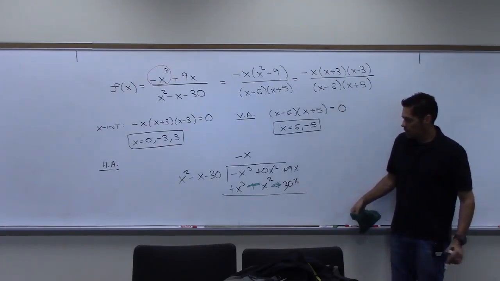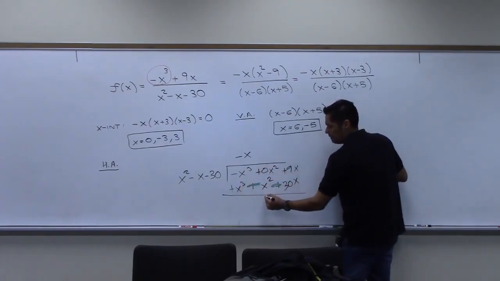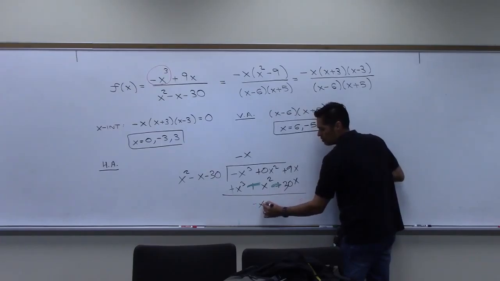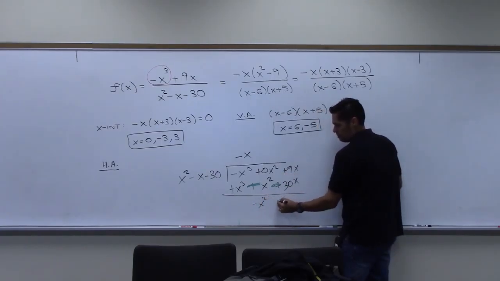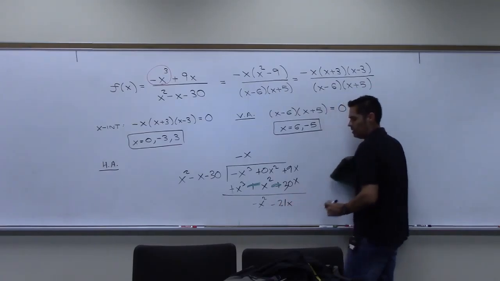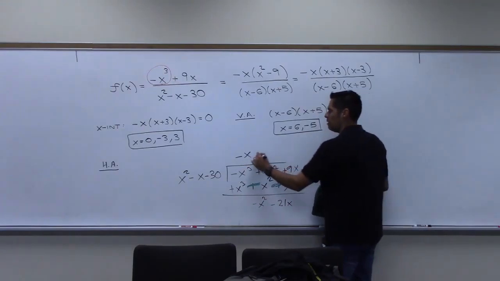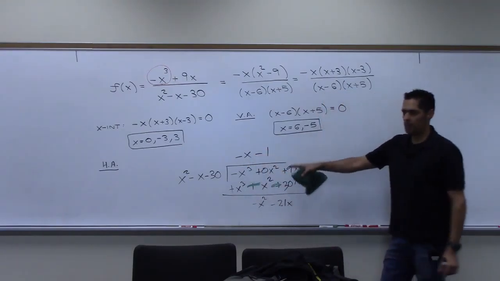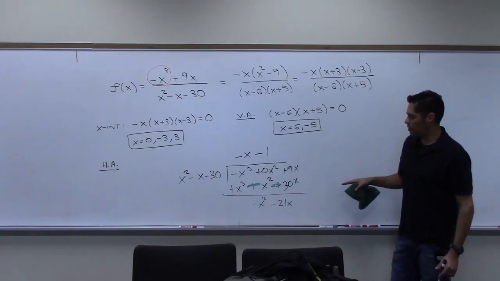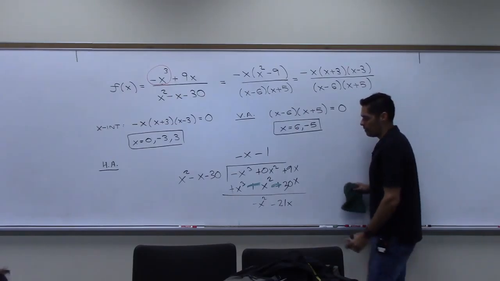Plus, minus, minus, and what would you get? All the x cubed cancels. Gone. Then that's going to be a negative x squared, and then that's going to be a negative 21x. And now you can go negative 1 into there. And we go through again. I'm out of room on the bottom. I apologize. I'll do it anyway.